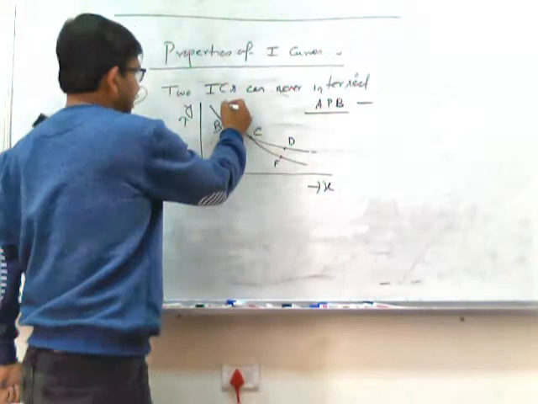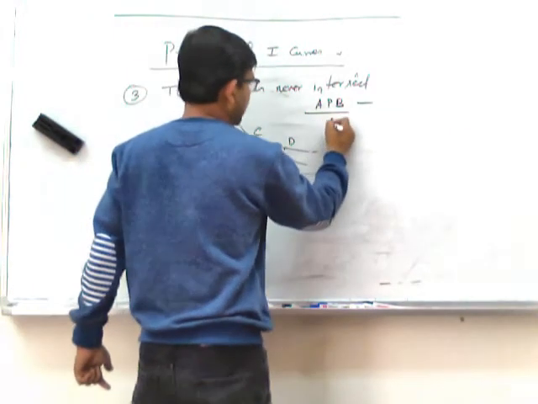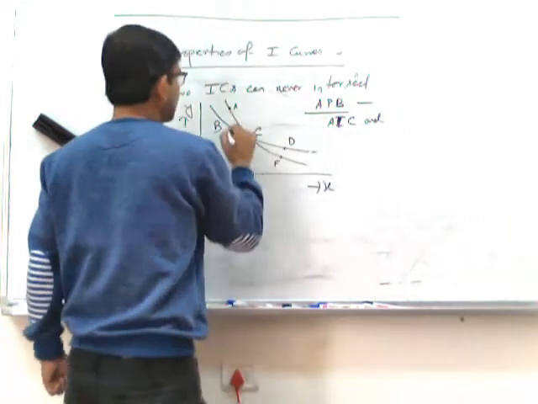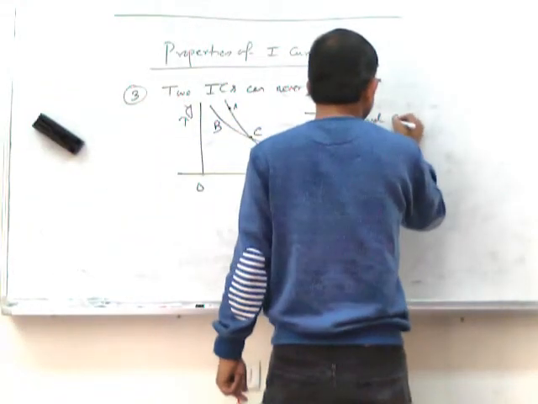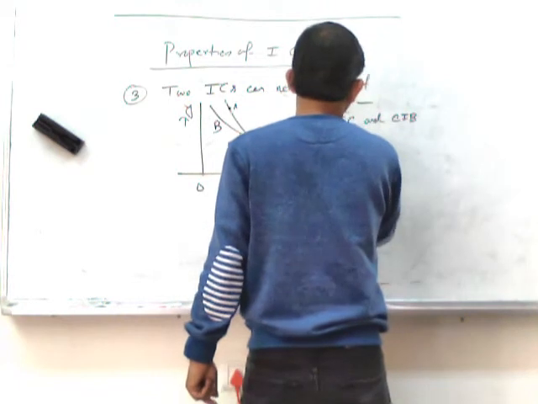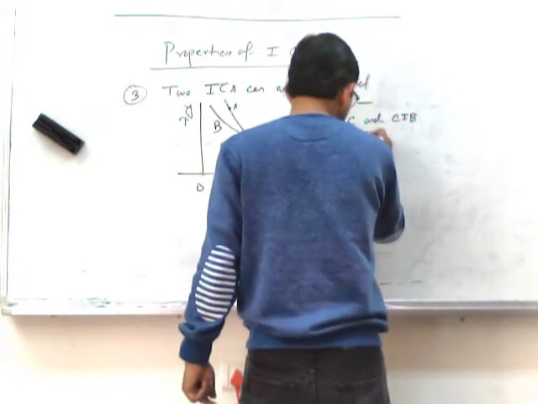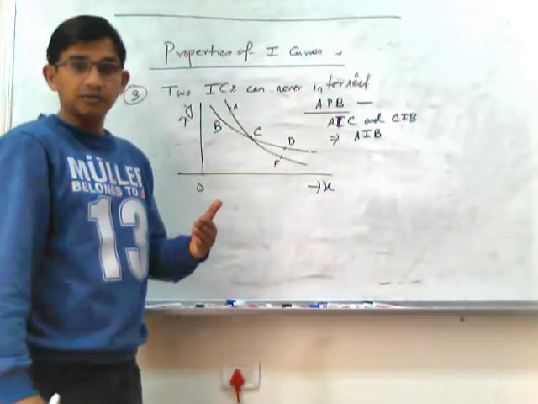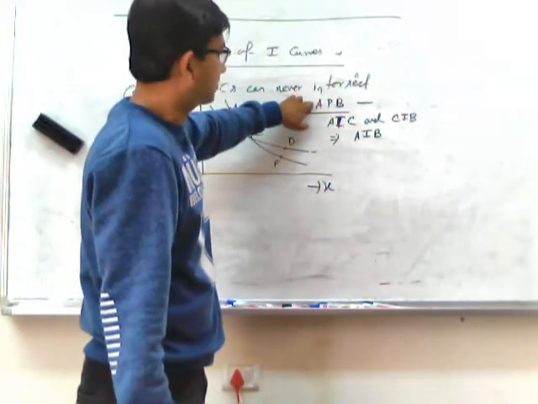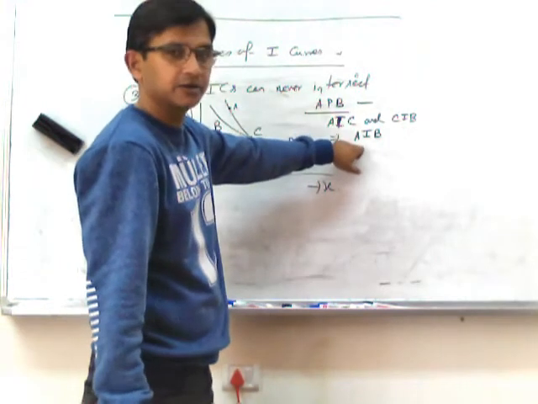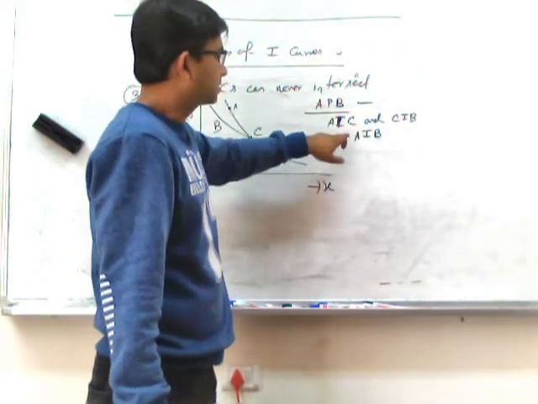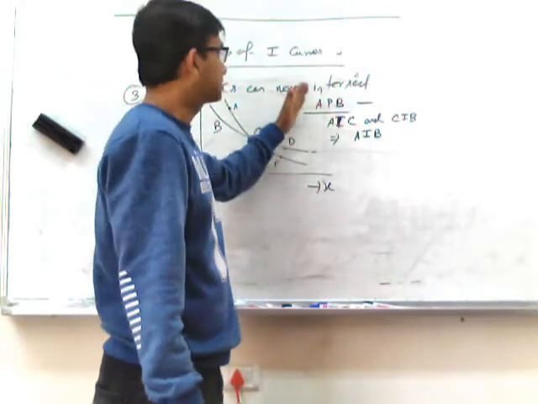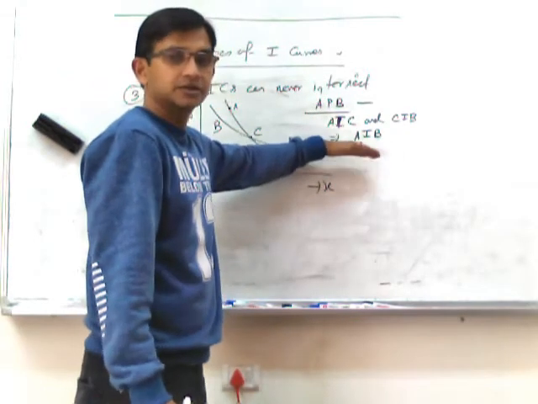Another is that A and C are on the same indifference curve, so A is indifferent to C, and C and B are on the same indifference curve, so C is indifferent to B. That implies by the axiom of transitivity A will be indifferent to B. But as per the axiom of completeness, if A is preferred to B, then we cannot say A is indifferent to B. These two events are mutually exclusive, but here we can simultaneously say A is preferred to B and A is indifferent to B. So that violates the axiom of completeness.